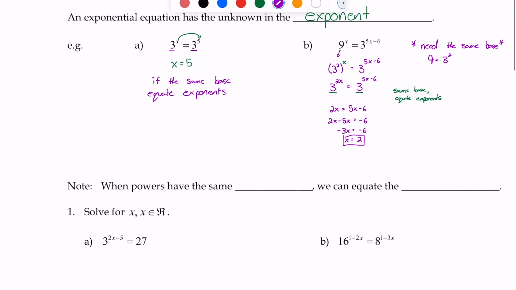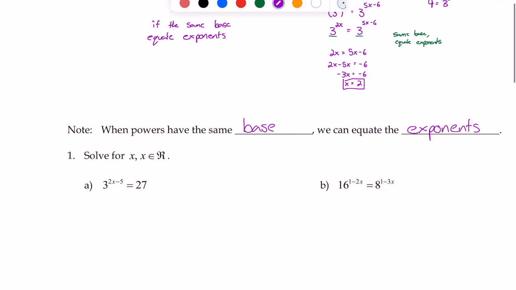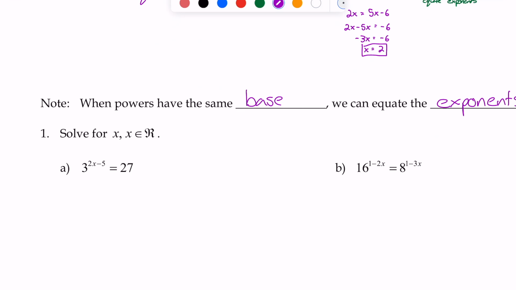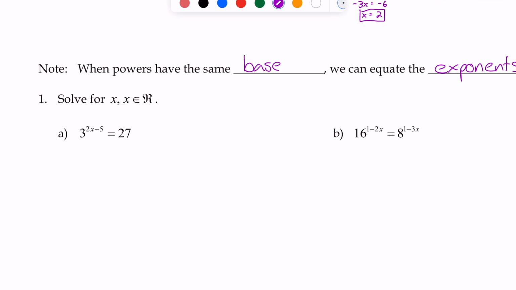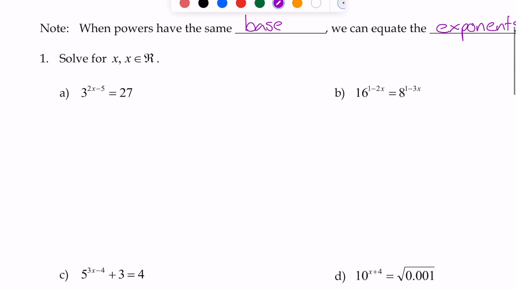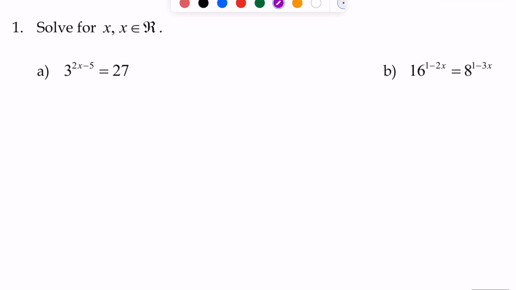So when powers have the same base, we can equate, as I said twice now, the exponents. Solve for x, right? So now we can see, similar to what we did before, we have the unknown x in the exponent.